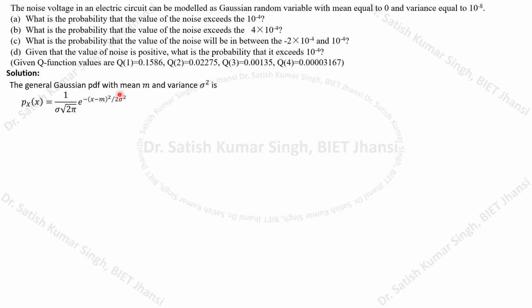I have already discussed this expression in my previous lecture. This is the general expression in which we have mean equal to m and variance equal to sigma square.